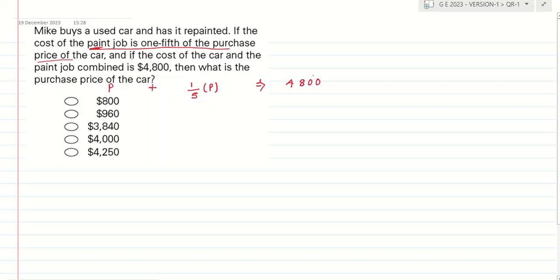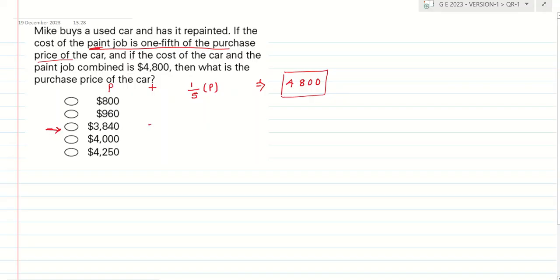The cost of the car and the painting job combined is $4,800, which means the car price plus the painting price together is 4,800, and that is my target. Now let's assume the middle value. What is the middle value here? 3,840. That is the price of the car.